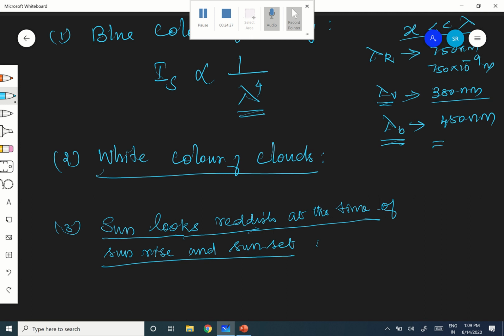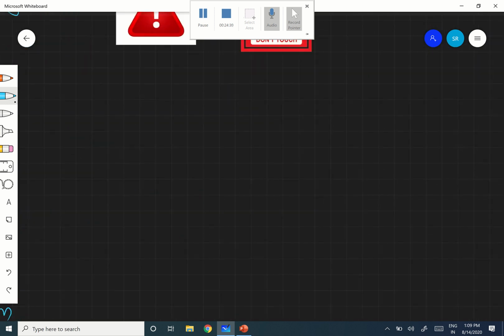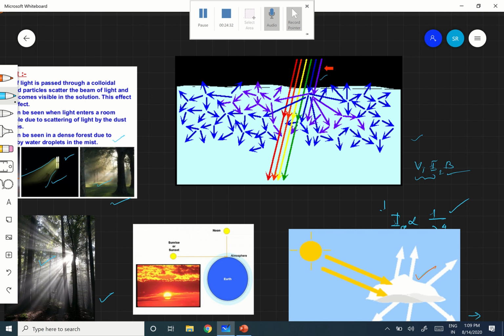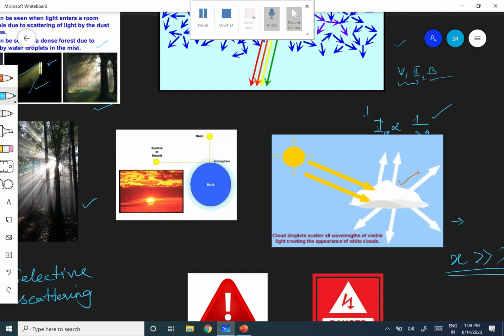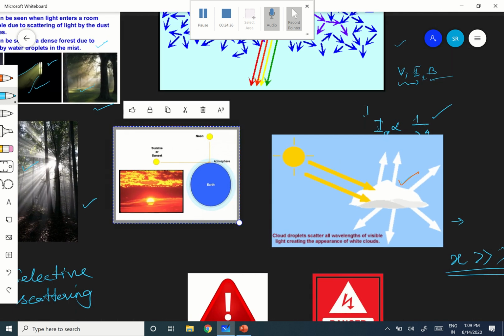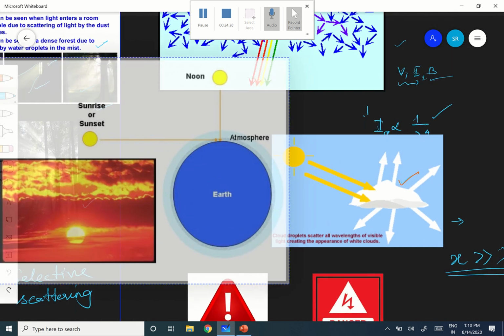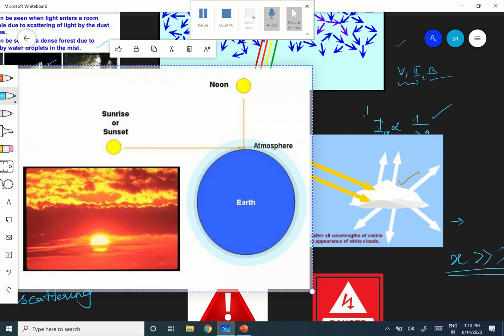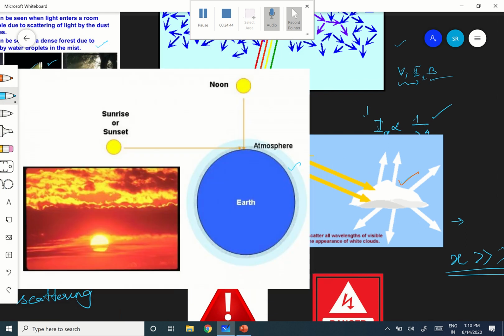I'll let you know now. You come back to this diagram. Very, very important. See here, during the sunrise and sunset, this is our earth. See how nicely it is shown in this diagram.